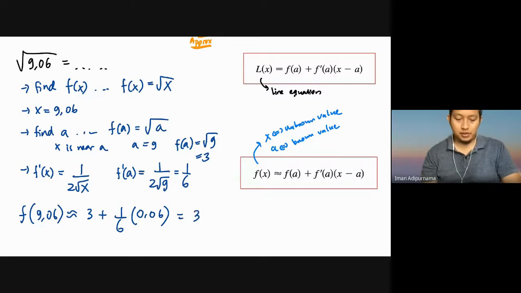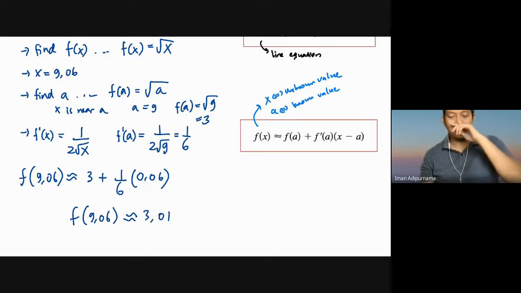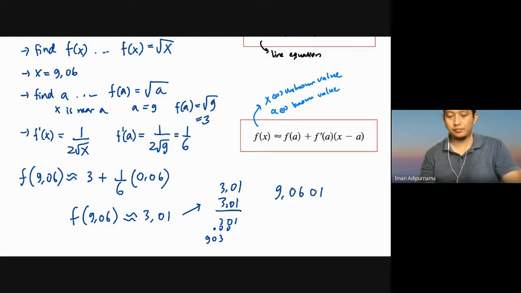This is approximately 3.01. If we want to check and multiply this out, we will get 9.0601. Up until here it is the same as our original value, so I think we are close to that value.